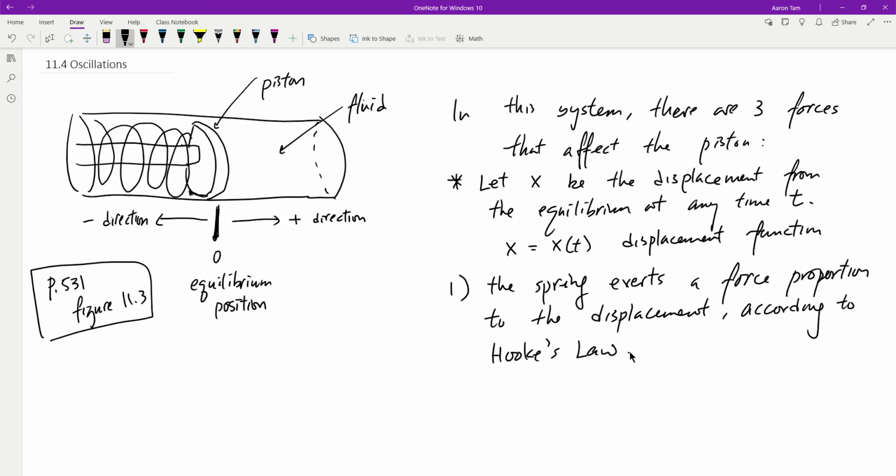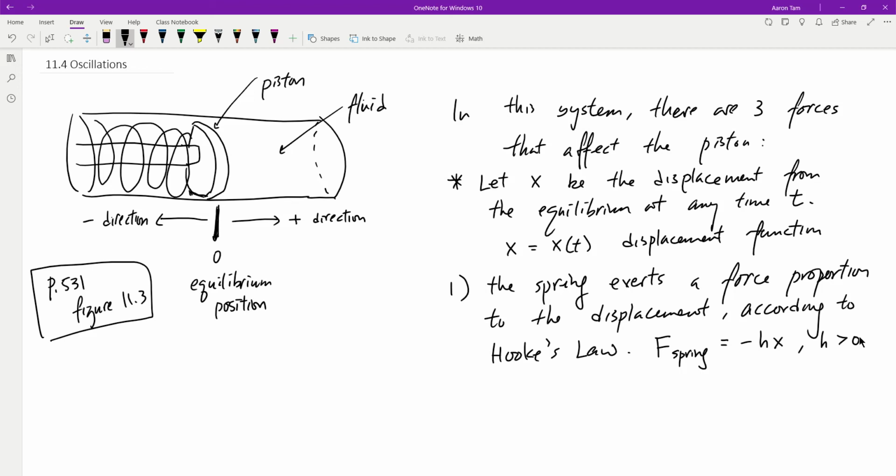If you have a negative displacement, then the spring will want to exert a force that pushes in the positive direction to move you back toward the equilibrium position. So therefore, we can define this force to be F_spring, which is equal to negative kx, where k is called the Hooke's constant, and k has to be greater than 0.